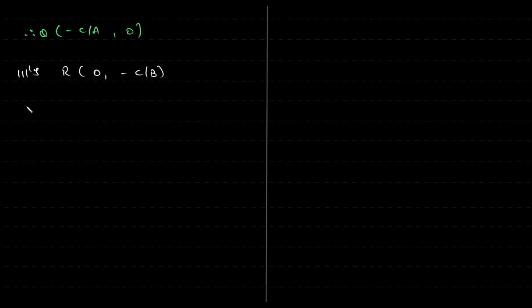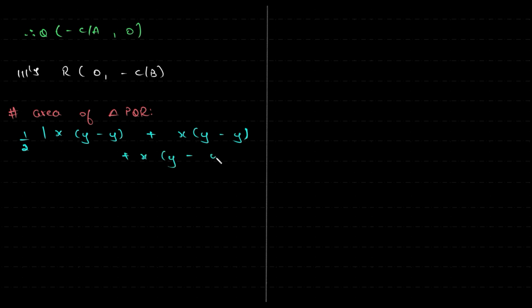What is the next thing? We can figure out the area of the triangle. Next is area of triangle PQR. Now, the formula that we have to make use of is half of modulus of x1(y2 minus y3) plus x2(y3 minus y1) plus x3(y1 minus y2), and the modulus.